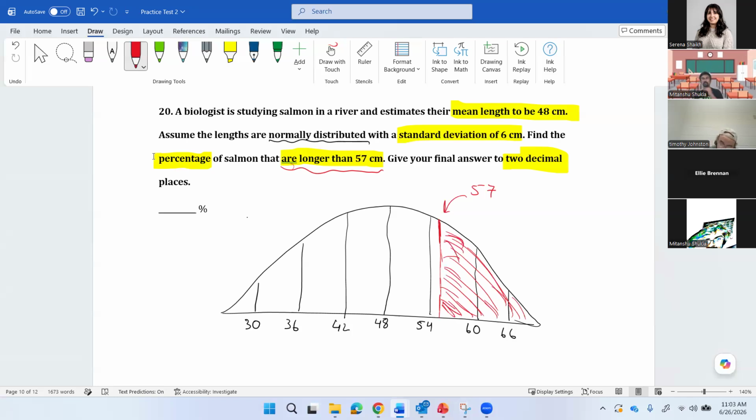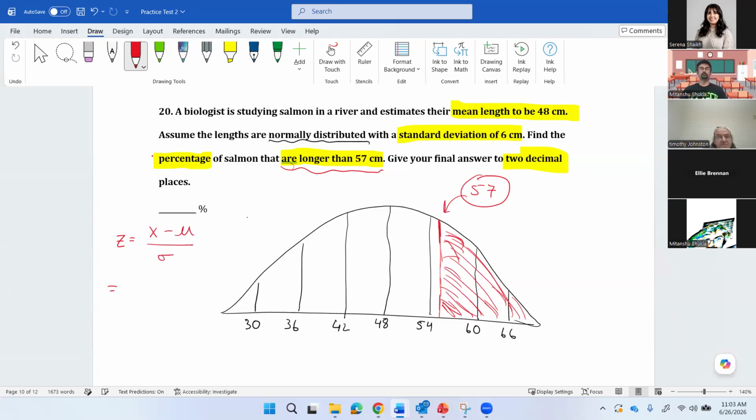Now, because this doesn't fall nicely on my standard deviation, I have to use a z-score formula. If I had a z-score associated with this number, I could get my probability and my percentage and then find what is to the right of that. So how do I find my z-score? Z is always equal to the value that I care about minus my mean, all divided by the standard deviation.